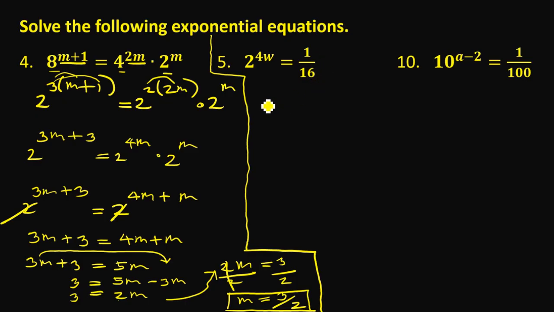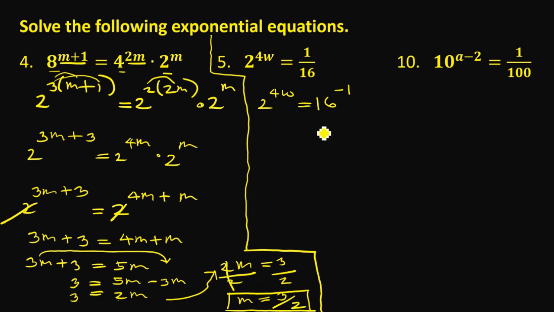Copy the term on the left side, 2 raised to 4w equals 1 over 16, which using the negative exponent rule will become 16 raised to negative 1.